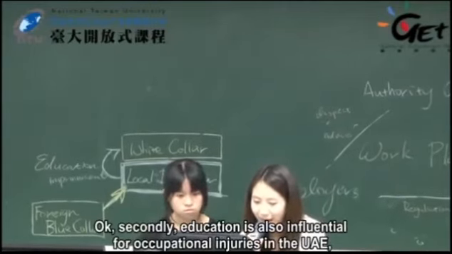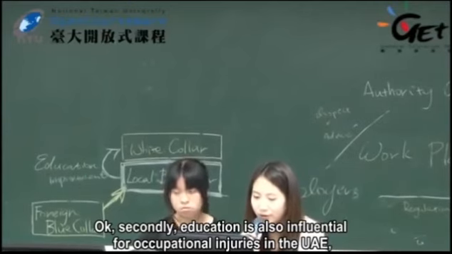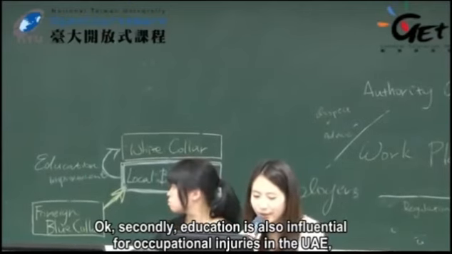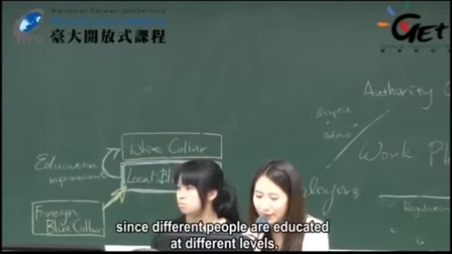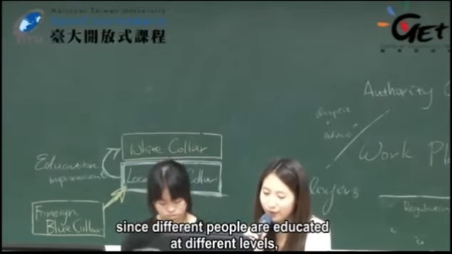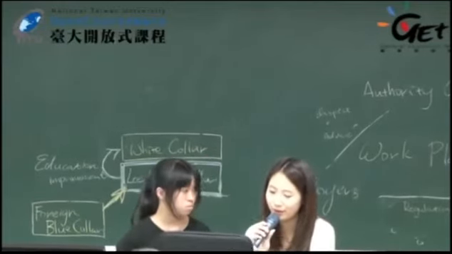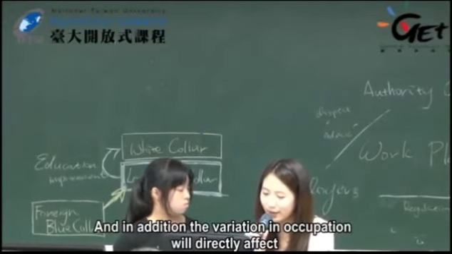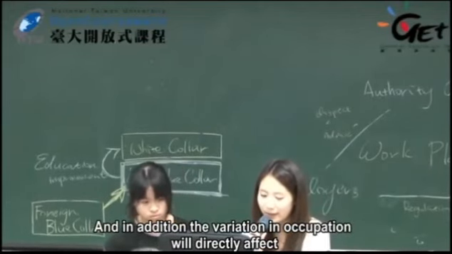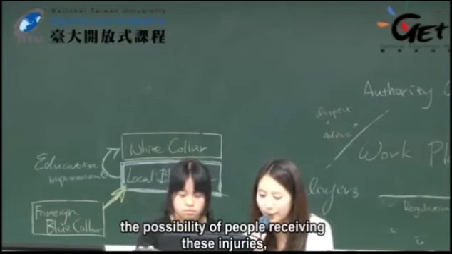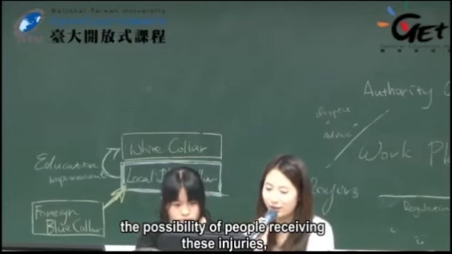Okay, secondly, education is also influential for occupational injuries in the UAE. Since different people are educated at different levels, their occupation will depend on these levels. In addition, the variation in occupation will directly affect the possibility of people receiving these injuries.